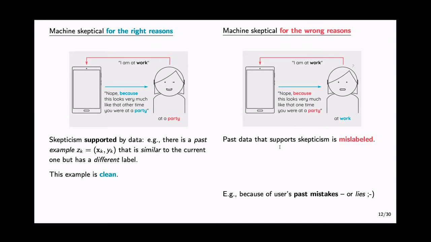In this case, we can notice that the skepticism is supported by a past example that is mislabeled, for instance, because there was a past mistake of the user or the user lied in the past.